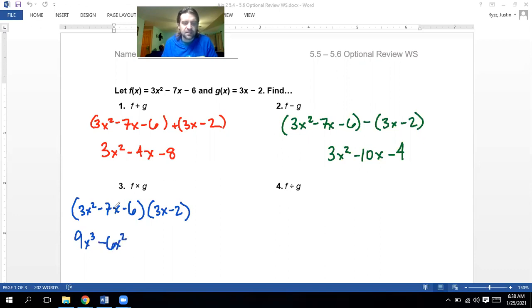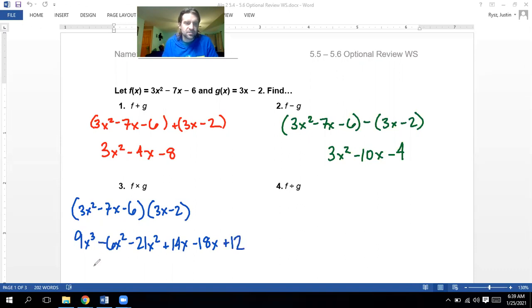Then moving on with the negative 7x. Negative 7x times 3x is a negative 21x squared. Negative 7x times negative 2 is a positive 14x. And now we got to move on with the negative 6. Negative 6 times 3x would be a negative 18x. And then negative 6 times negative 2 would be a positive 12.